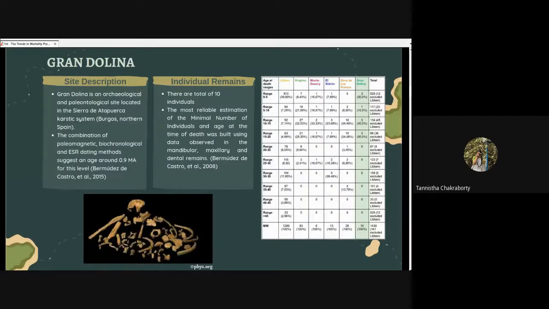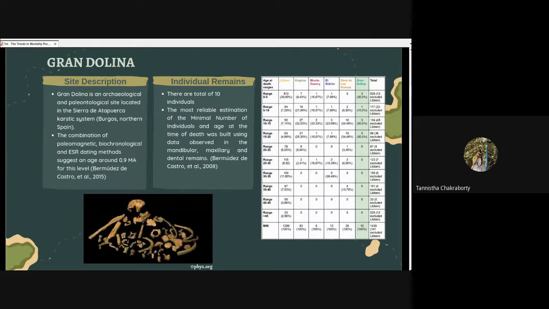The first site that we are going to talk about is Grandolina. It is located in the Sierra Atapuerca karstic system in northern Spain. I'm sorry if the pronunciation is not very right, but you can read it here in the slide. The excavation here began in the mid-1990s, as we all know.